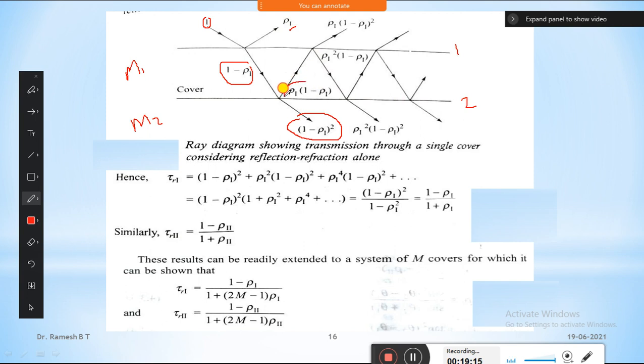Again this will be the input, so some amount will be wasted to the space and some amount will again refract back into interface 2, and this will again be the input for interface 2, and again it will reach the observer plate. Like this it will continue. Again it will reflect, again it will refract, again it will reflect.